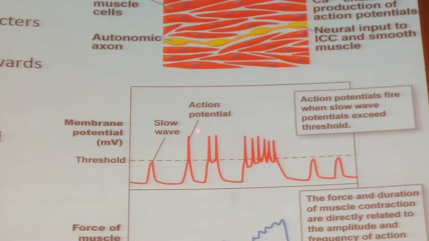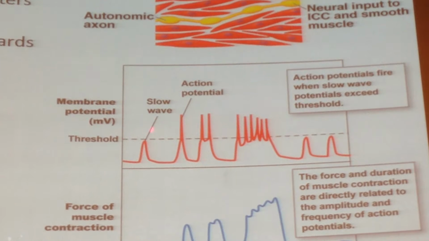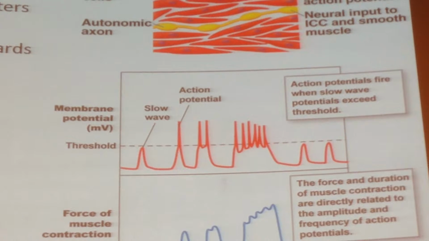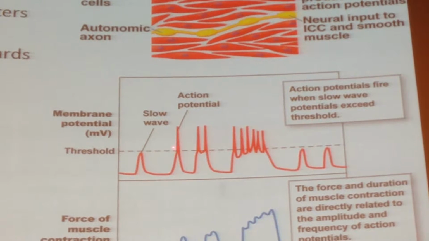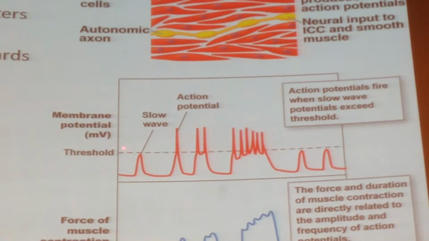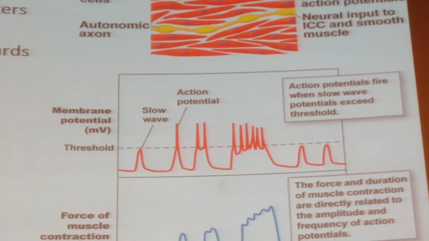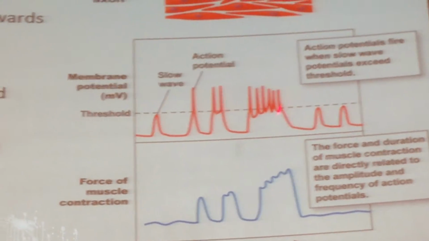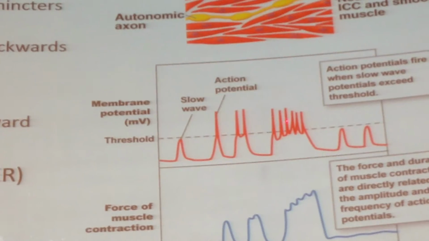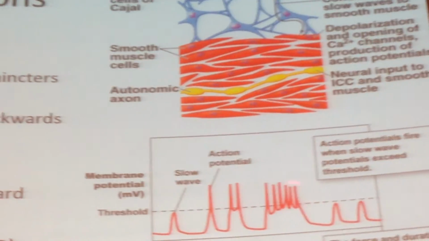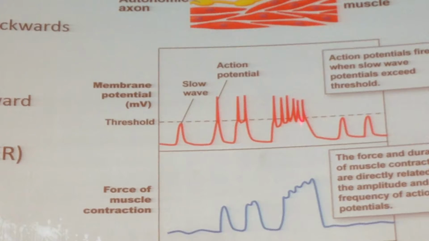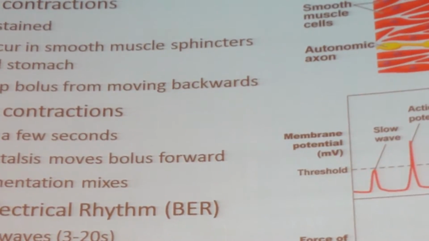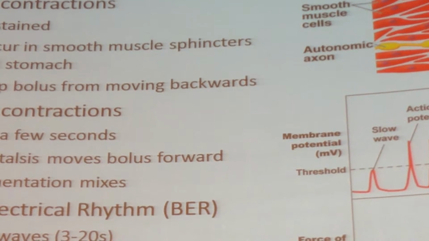But when they're being stimulated, either by chemical, by mechanical stretch, or by vagal stimulation, they can fire action potentials, and once they pass the threshold, the action potential fires. Depending on how strong your stimulus is, you can have multiple action potentials. So the stronger your stimuli are, the more action potentials are in one cycle, and you're going to generate a stronger amplitude of contraction. Is it clear?